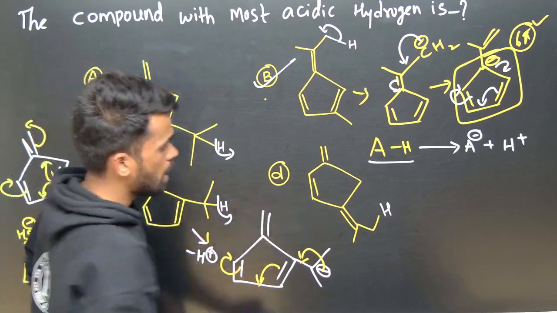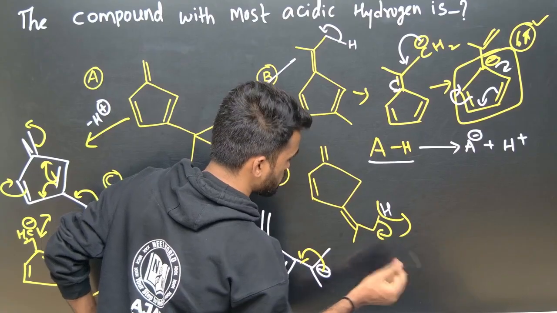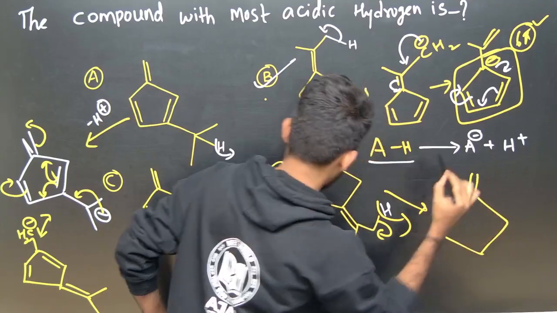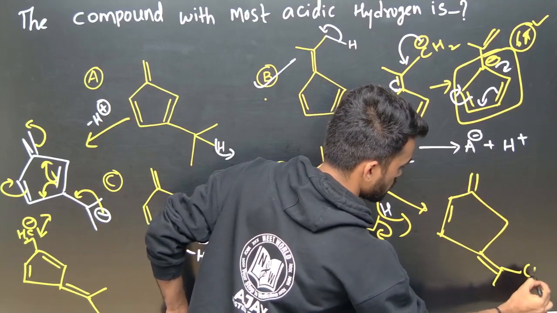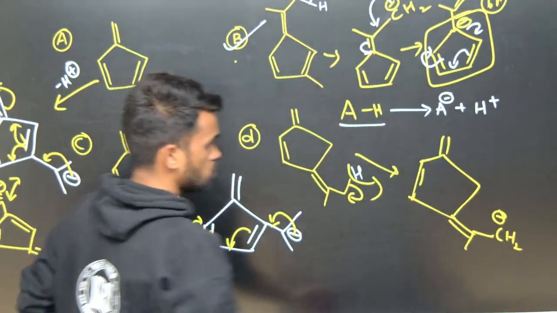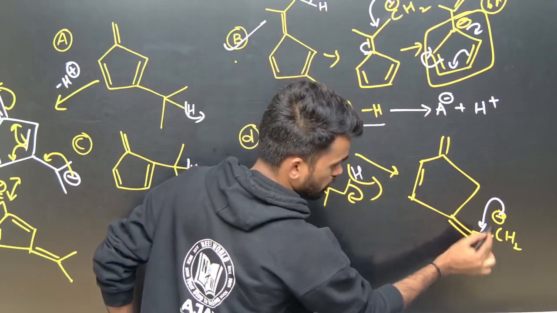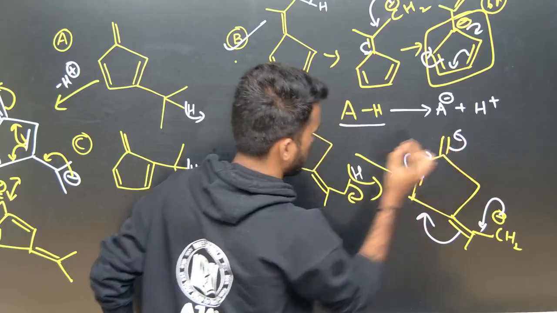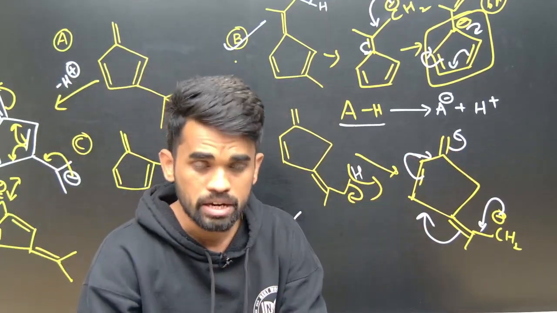Okay. Now here after releasing this H plus ion, we will have a negative charge on this species. So it will be like this. Now look here. This can be stabilized by conjugation like this, and we have a continuous conjugation up to here, but the resulting species is also non-aromatic.